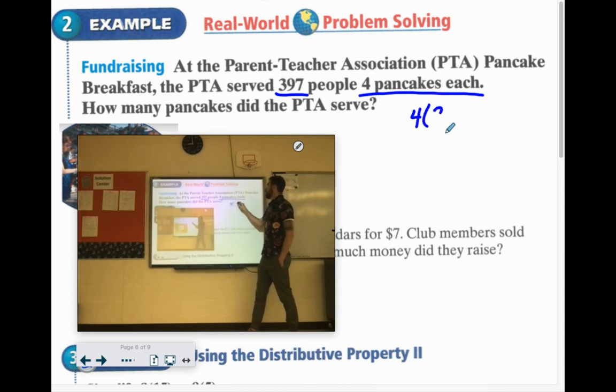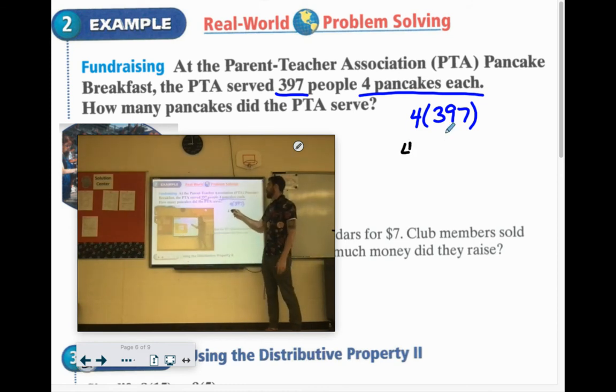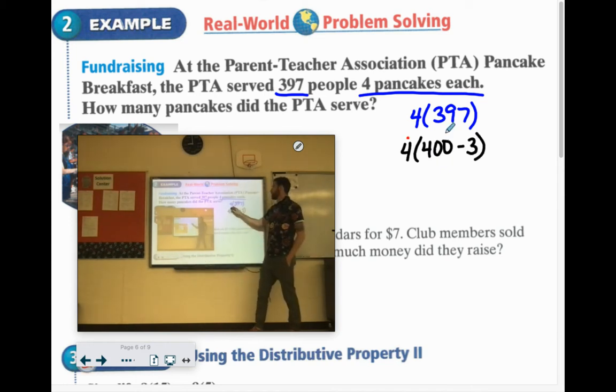4 times 397. Now 397 is 400 minus 3, and those are easier numbers to work with. If we distribute, 4 times 400: 4 times 4 is 16, put the zeros behind it, so 1600, minus 4 times 3, which is 12.